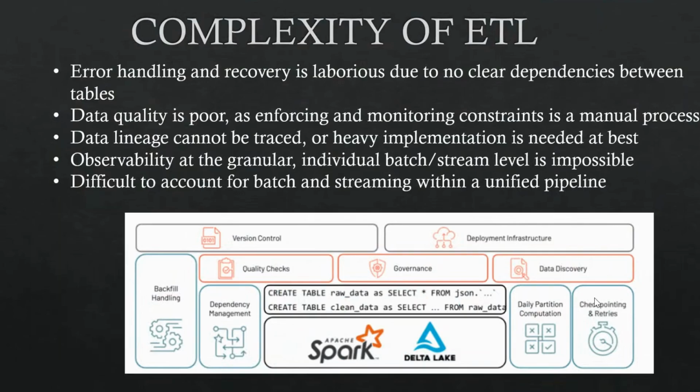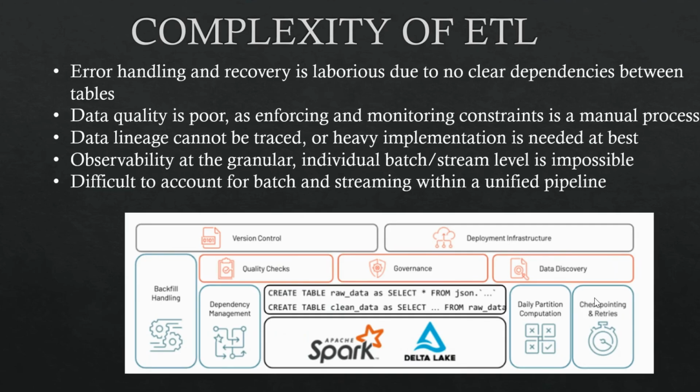Once you have your data in place in your tables, you also need to track down the lineage: where the data is coming from, what is the source of that particular table, and where exactly the data is going, what is the downstream of that particular data. So the data lineage cannot be traced so easily. It's a very important step, but it's very difficult to handle.